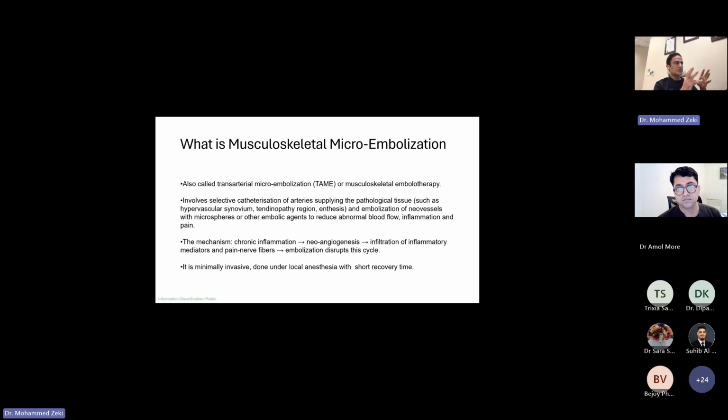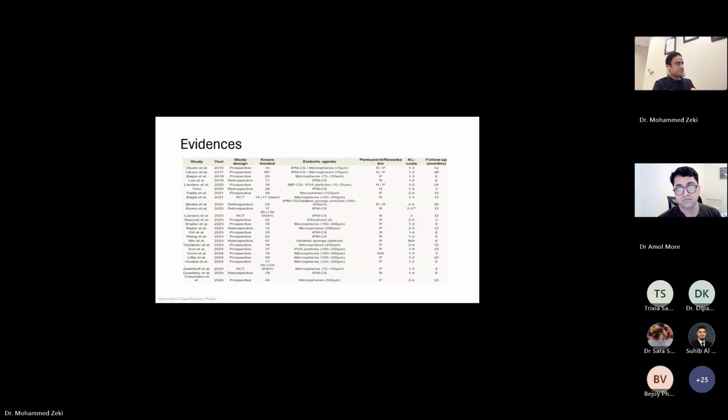We inject a microsphere, and this will block the blood supply to that area and reduce the inflammation. In chronic inflammation, there is neovascularization, then infiltration of more inflammatory cells, so we stop this cycle. It's minimally invasive, done under local anesthesia, with a very short recovery time.